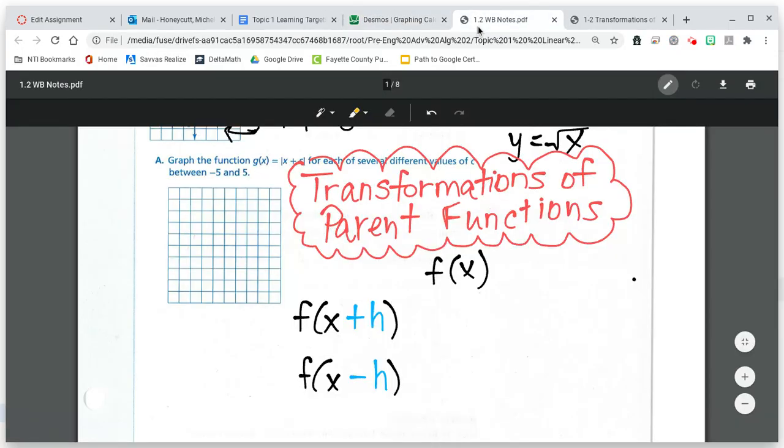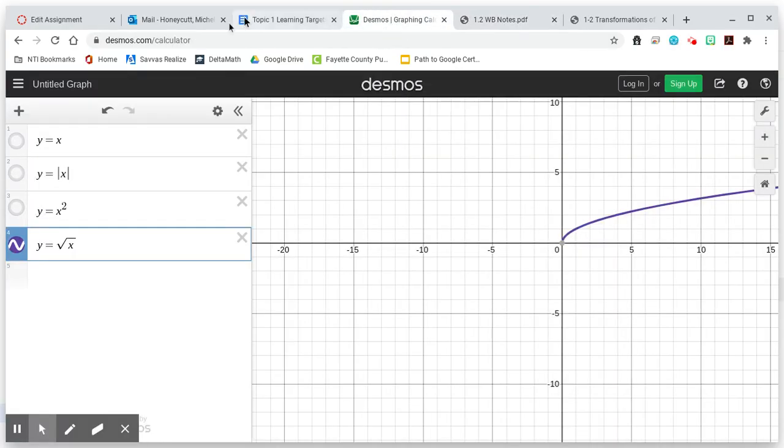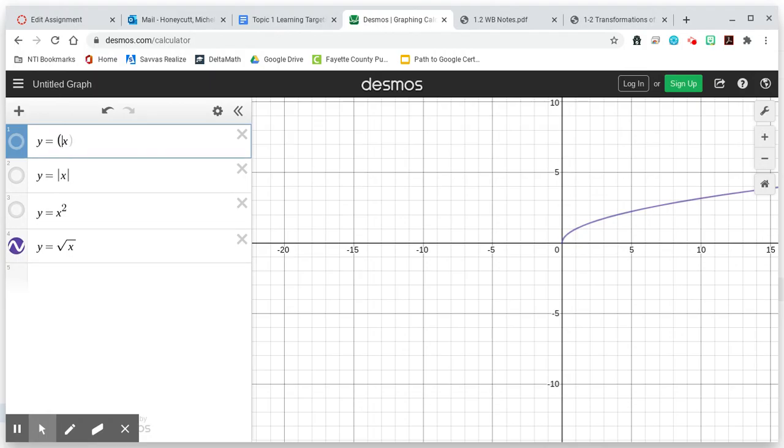So the first transformation we're going to look at is what happens if I add a number or subtract a number inside of grouping symbols. Now, grouping symbols could be absolute value bars. It could be a radical. Now with x, I'm going to insert grouping symbols around the x. I'm going to insert parentheses.